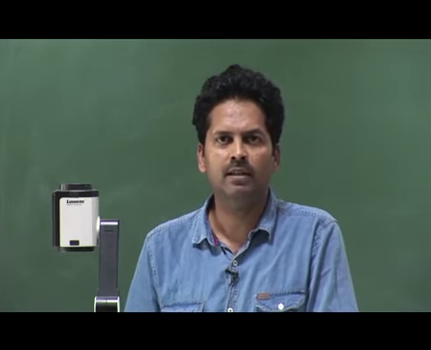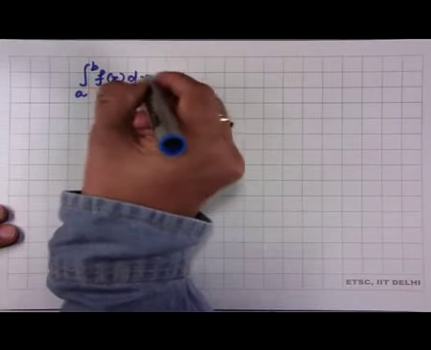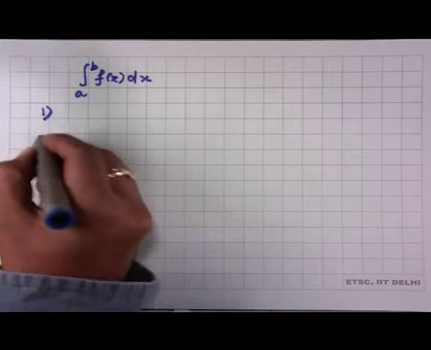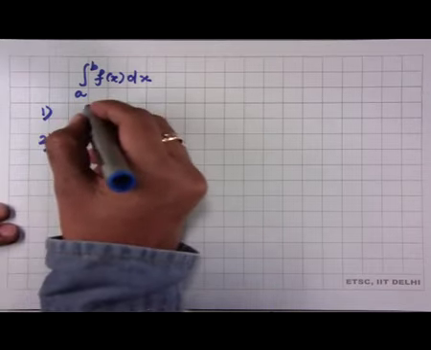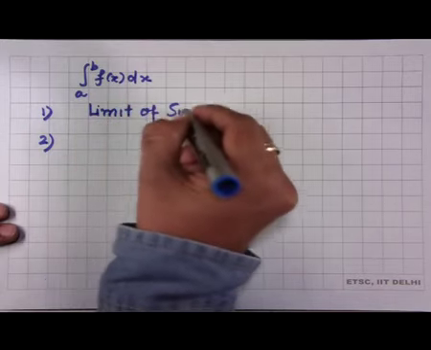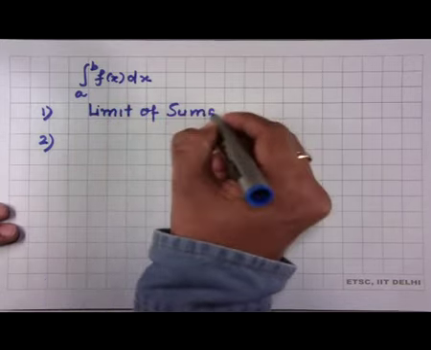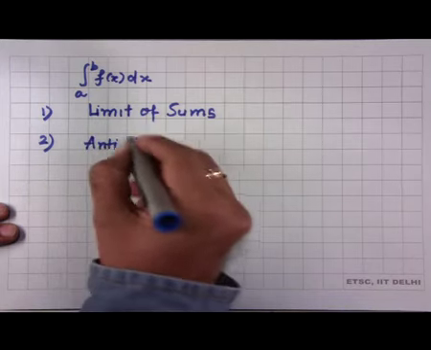We are learning definite integrals, and till now what we have learned is that there are two methods to find the value of a definite integral. One is by limit of sums, and one is by using antiderivatives.